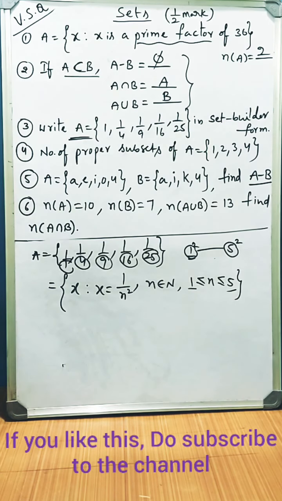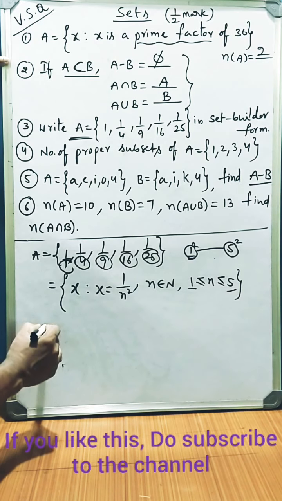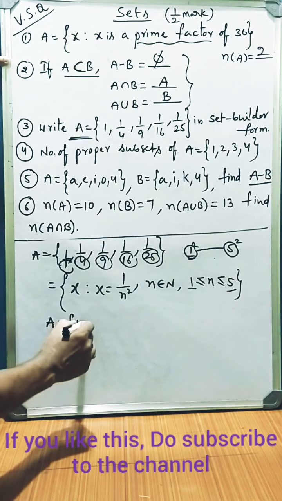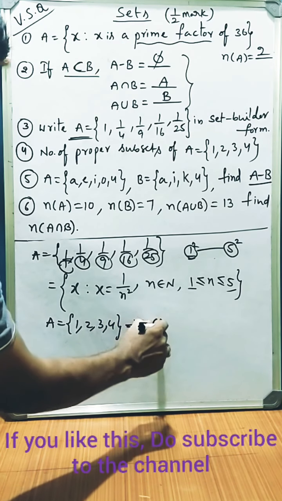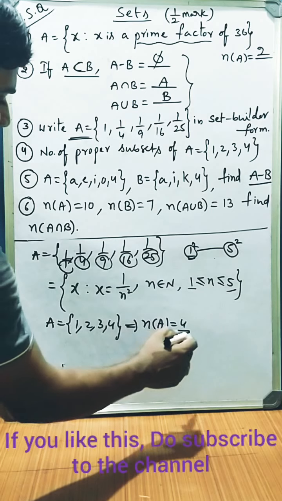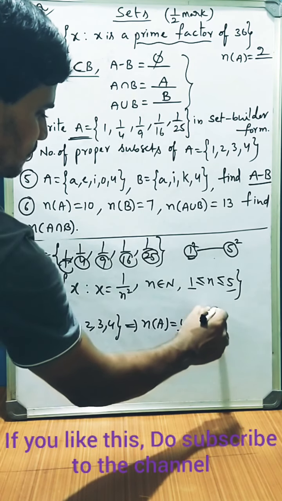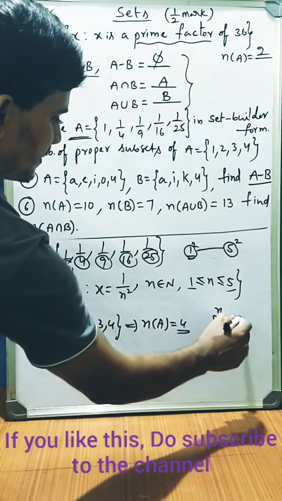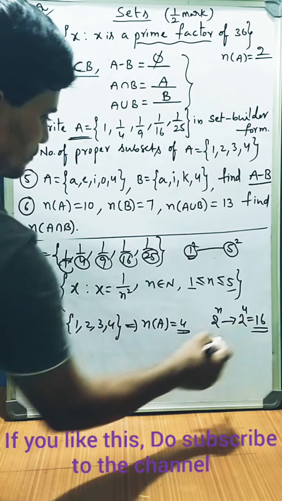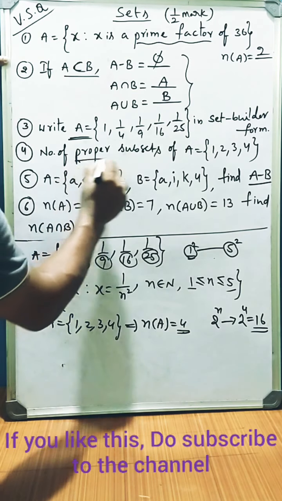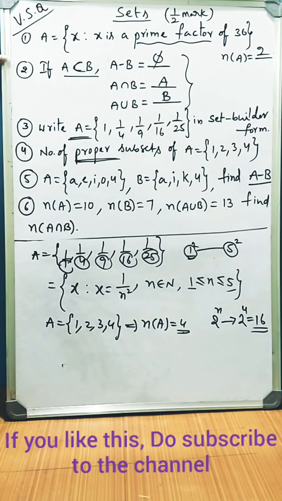Next, the fourth one is the number of proper subsets of A equal to the set of 1, 2, 3, 4. As you know, if your set contains 4 elements, its cardinal number n of A is equal to 4, which means it contains a total of 2 power n subsets. Here, as the cardinal number is 4, it contains 2 power 4, that is 16 subsets in total. But here you are asked to find proper subsets.